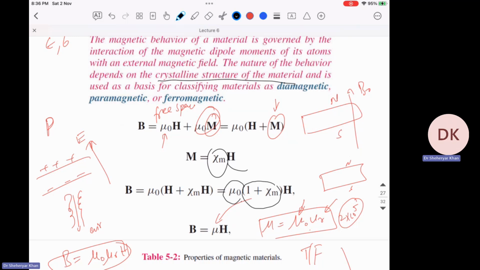And instead of solving these complex equations, it's better to remember the permeability in terms of a relative value. Let's say mu is equal to mu naught mu r, where mu naught is for air and mu r is the relative value. Can you guess how many times iron is stronger than air in terms of permeability?